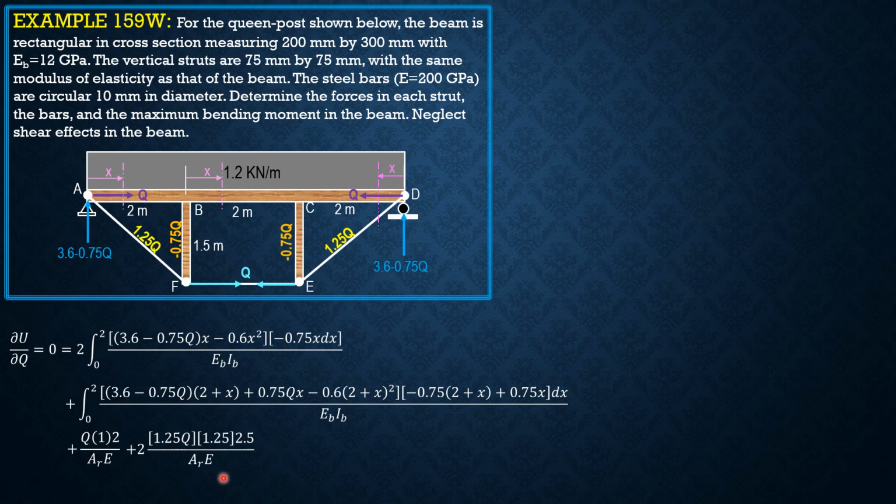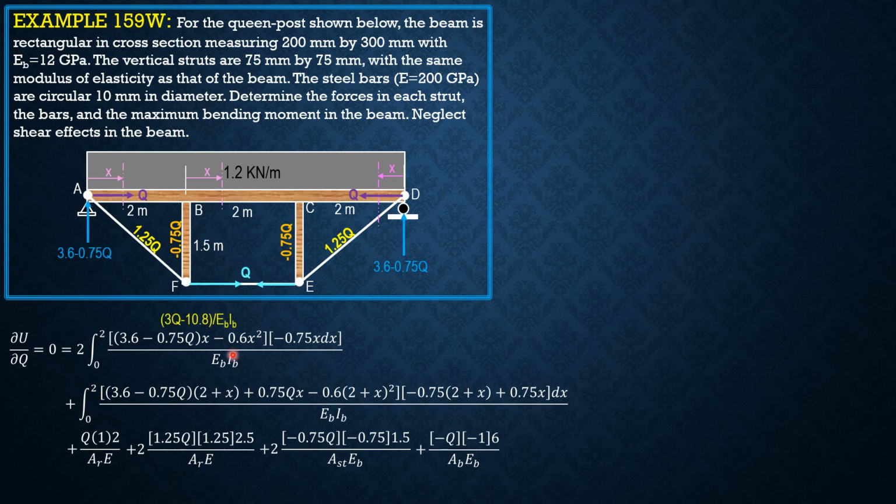Then for these two struts, 2 times negative 0.75 Q, negative 0.75, the length is 1.5 over area of strut, E of strut, E of beam rather. Then finally for the beam, plus Q, negative Q times negative 1, length is 6 over area of beam, E of beam, and equals 0.